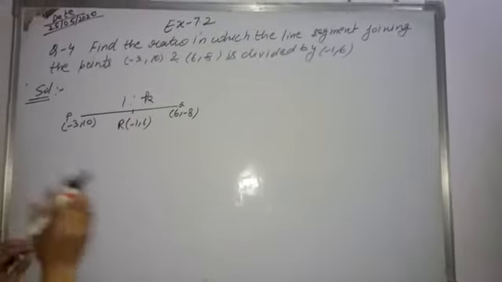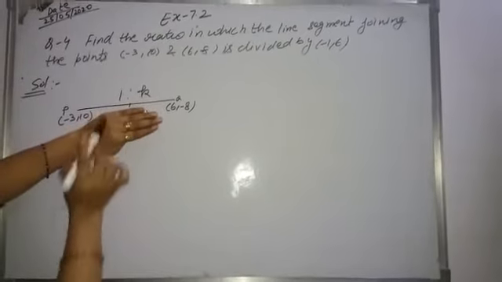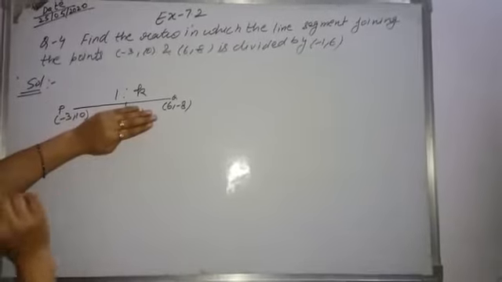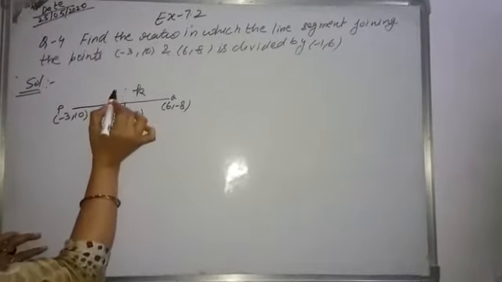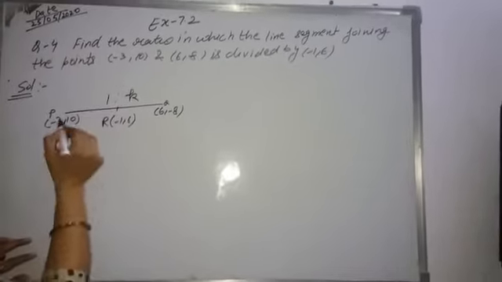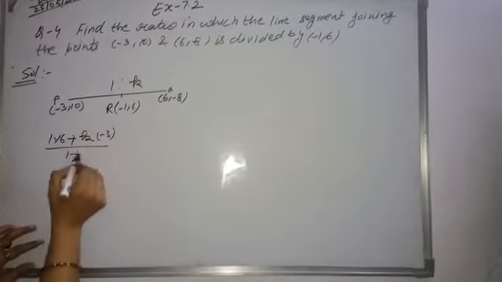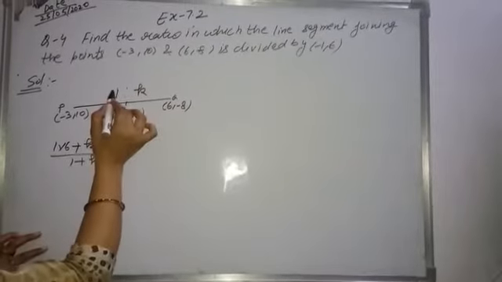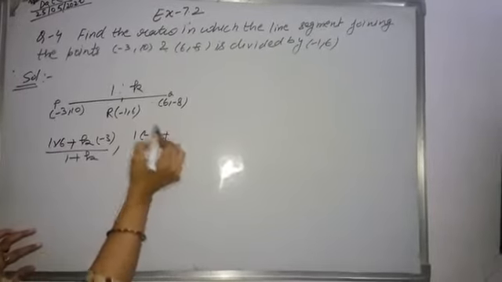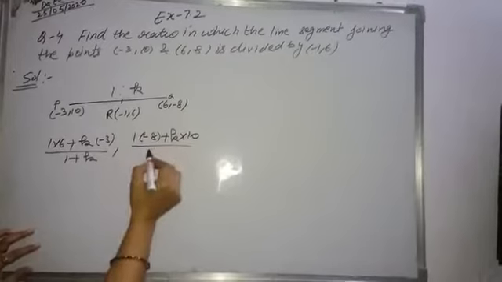Again, by the section formula, if the ratio is given to us and the point is not given, how can we find the point? Then this point will be (1 into 6 plus k into -3) divided by (1 plus k), comma, (1 into -8 plus k into 10) divided by (k plus 1).